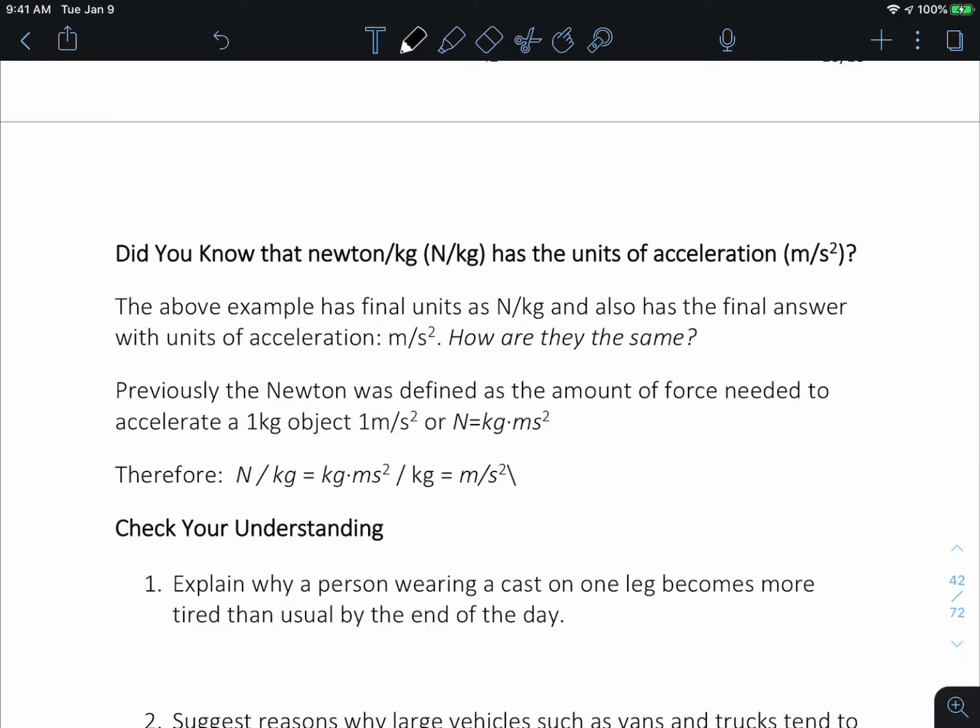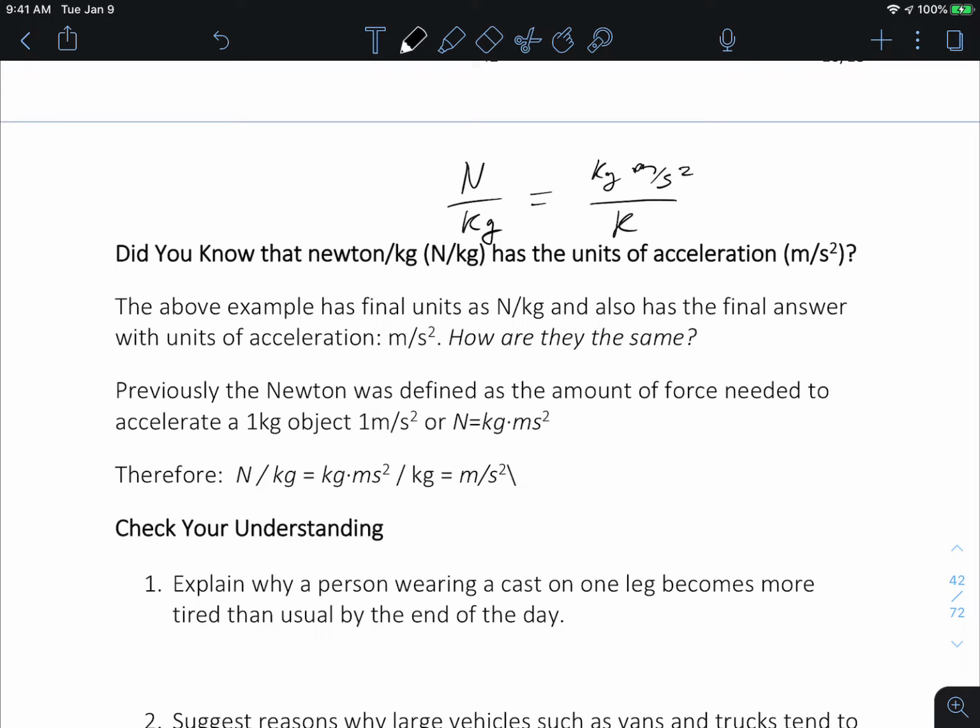Now, you notice that I got the units of meters per second squared. Well, that's because when you divide a newton by a kilogram, you can convert the newtons into the units of kilogram meters per second squared.